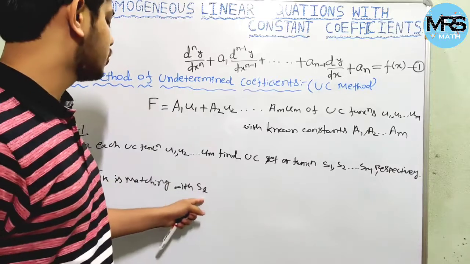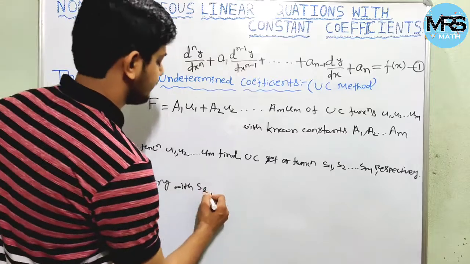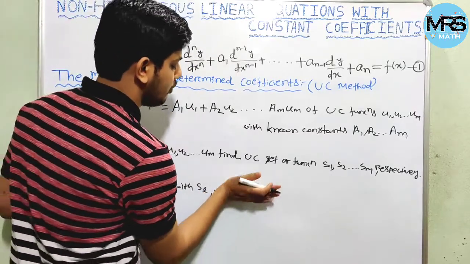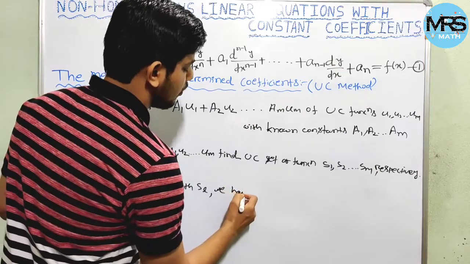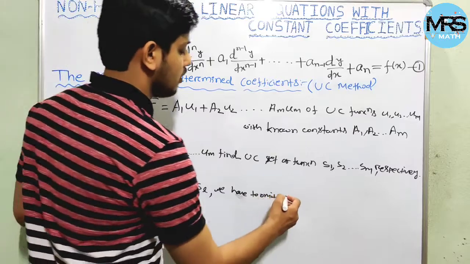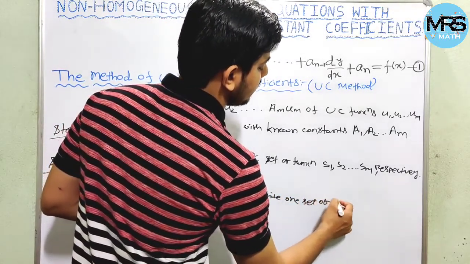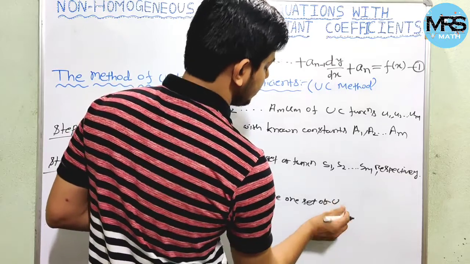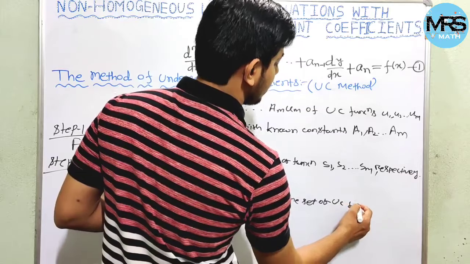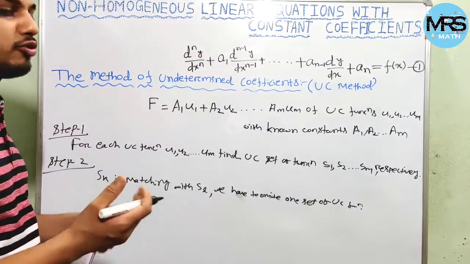If these two are the same, then we have to omit one UC set. So if these two are matching, then we have to omit one.